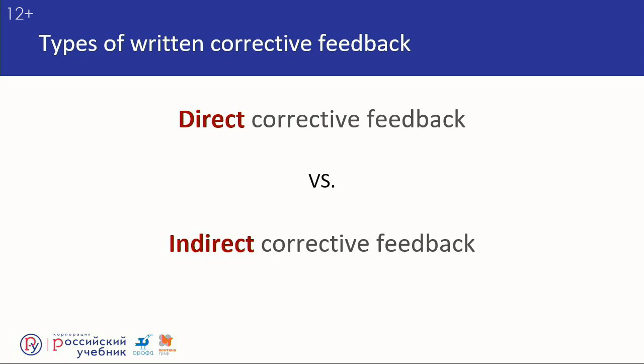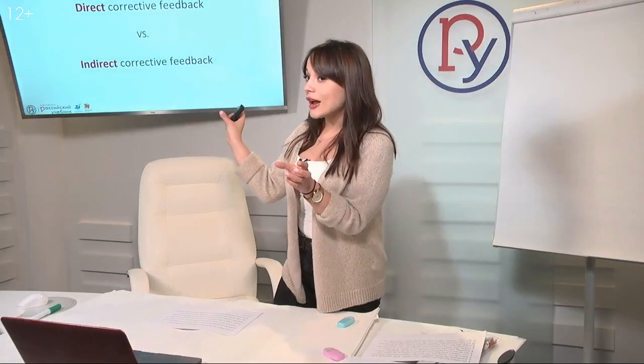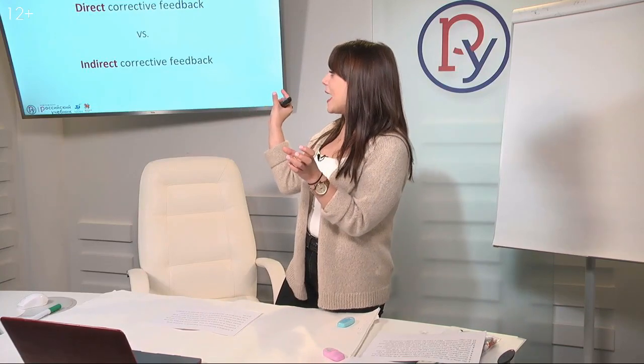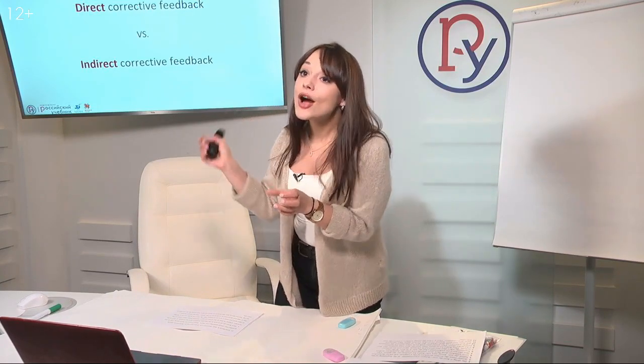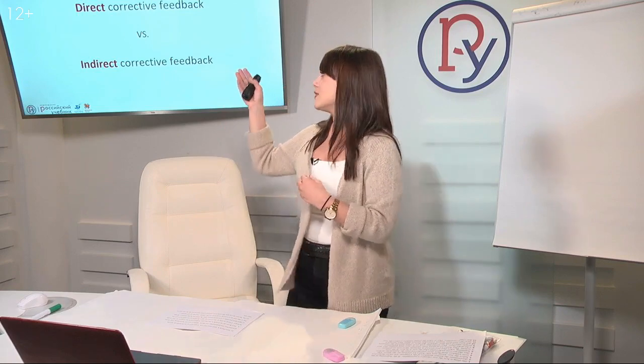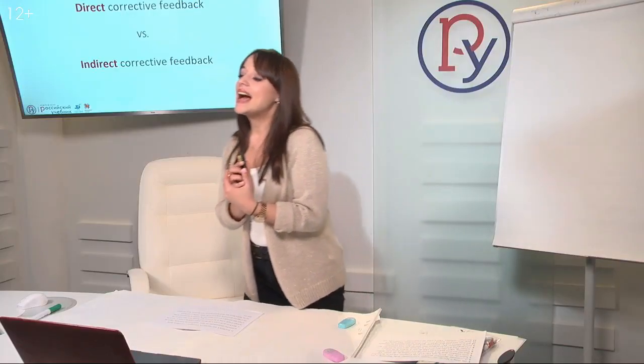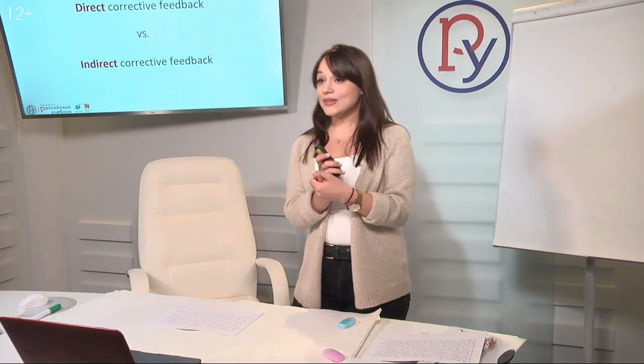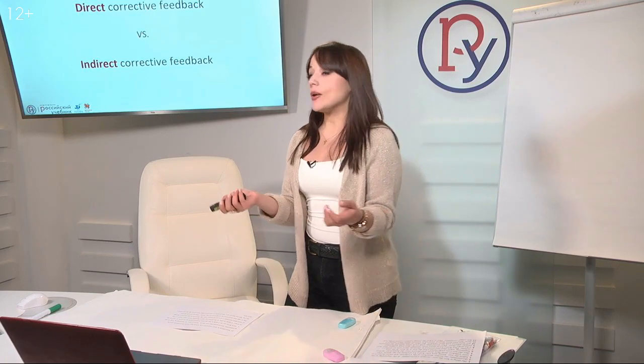You probably see that the name of the second corrective feedback strategy has this prefix in, which probably means that this is the opposite of the first written corrective strategy that you can see on my slide. So they kind of mean the opposite things, right? They're 2 completely different strategies. So will you please let me know if you remember how to use them and what they actually are.